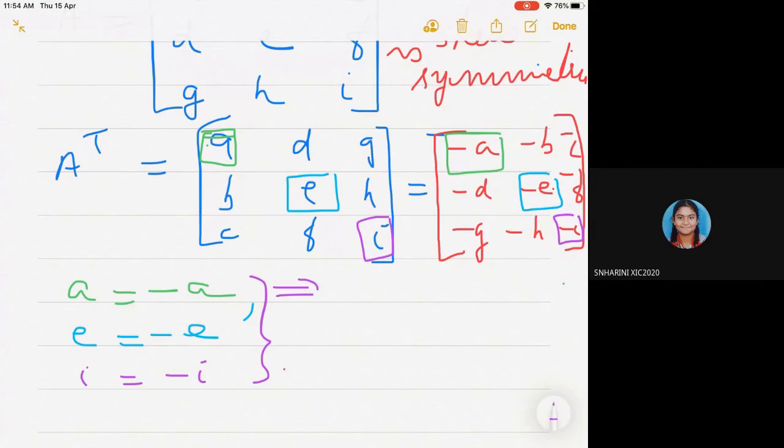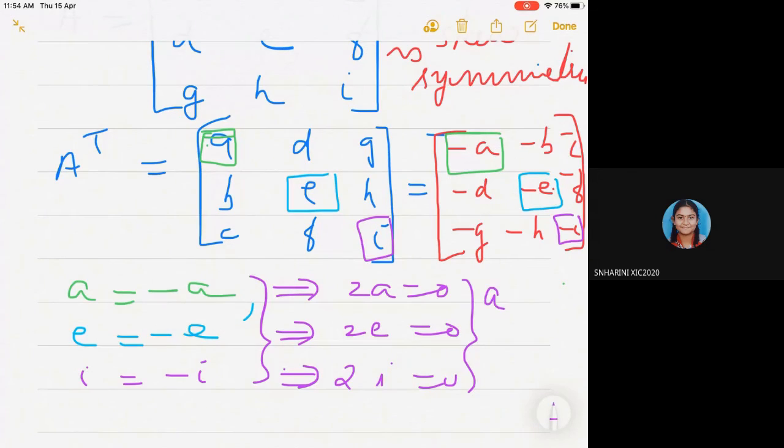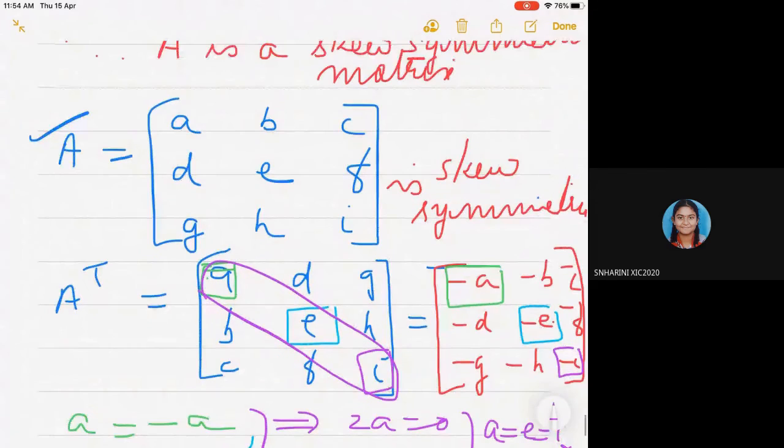A equals minus A means A plus A equals 0, so 2A equals 0. Here 2E equals 0, here 2I equals 0. So together this means A equals E equals I equals 0. All the diagonal elements become 0 when A is a skew symmetric matrix.